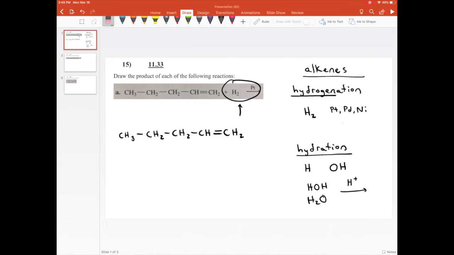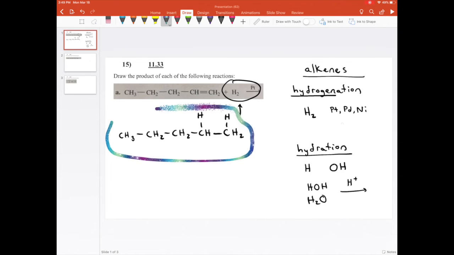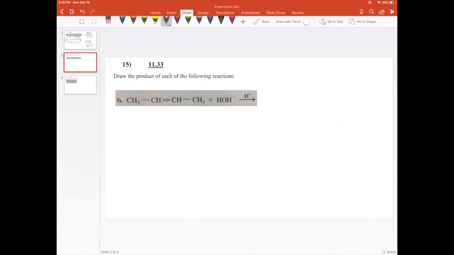You're going to take that glue and use it to stick on the two hydrogens from the hydrogen gas. And that would be the answer for A here. That's what happens when you hydrogenate. You add hydrogen to the alkene that they give you here.